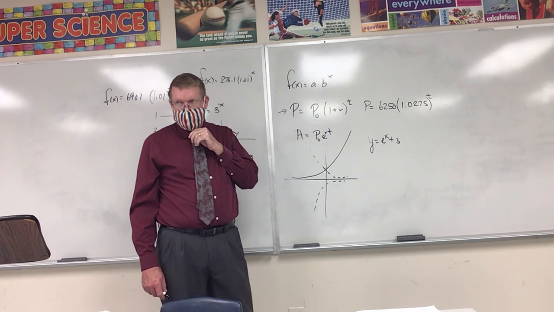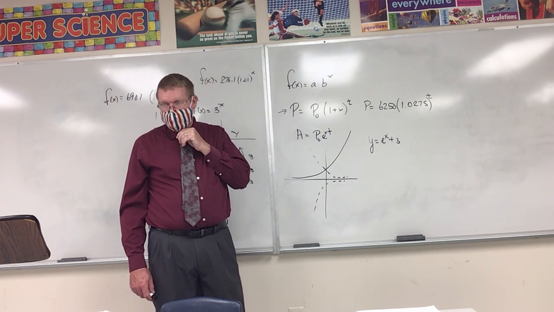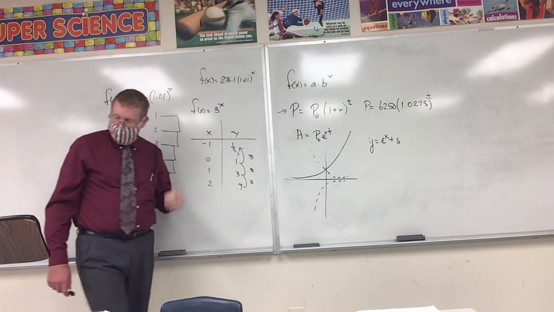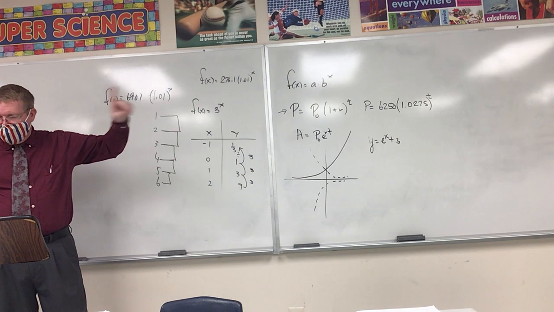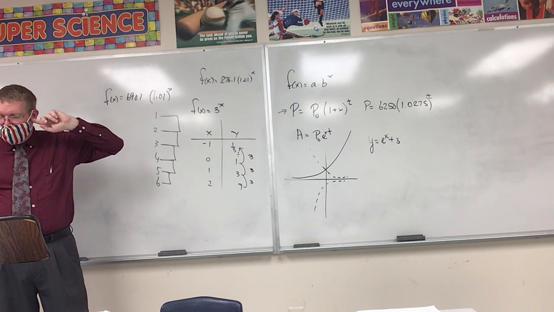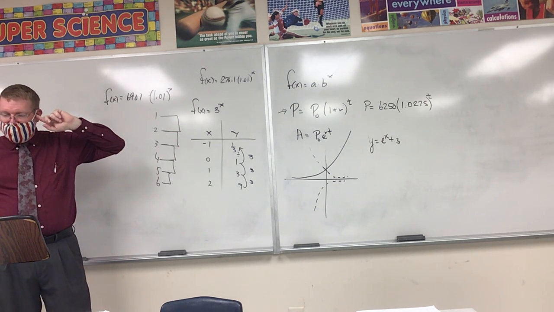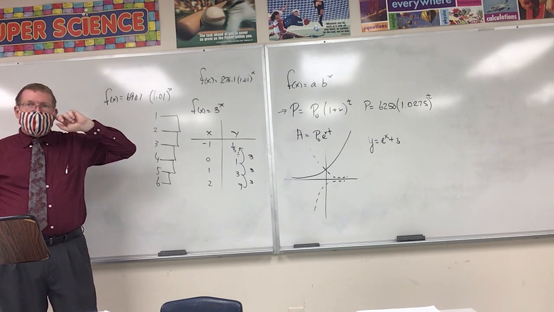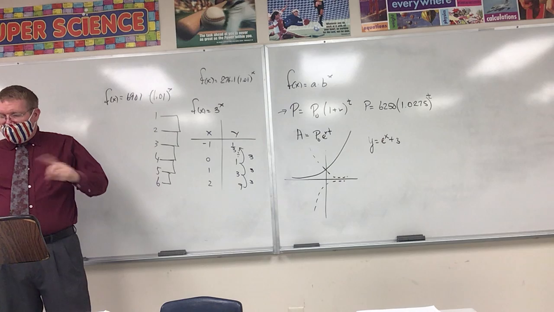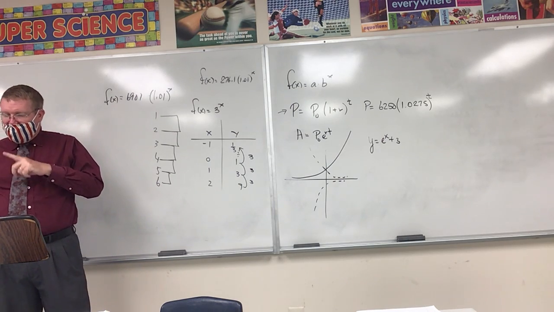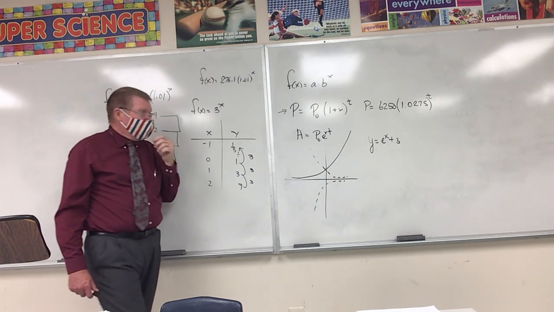Now, if that's our population there, and we want to find the population in 1940, what do we want to use for T? T would be 50, correct? Yeah.